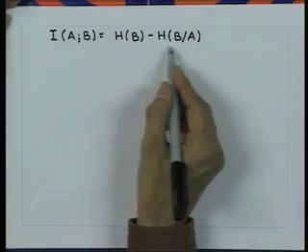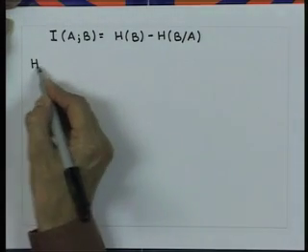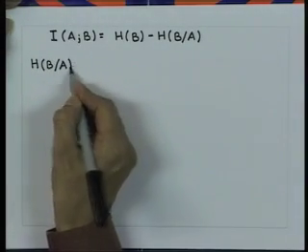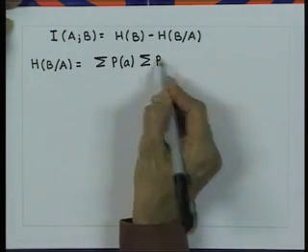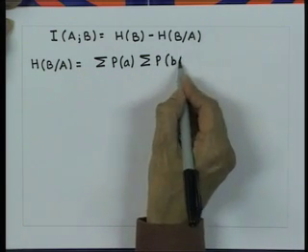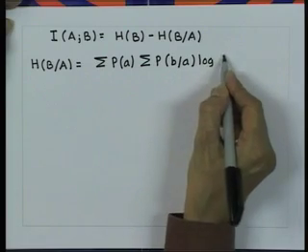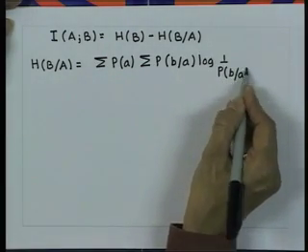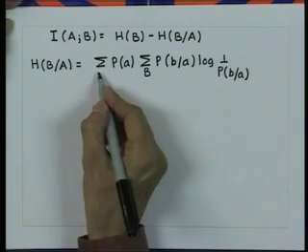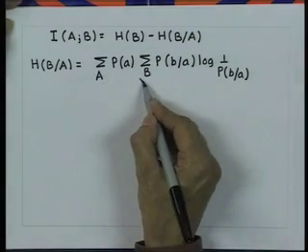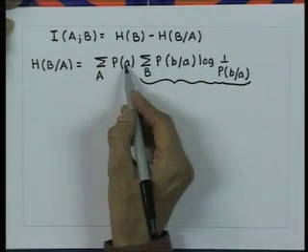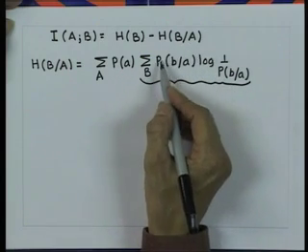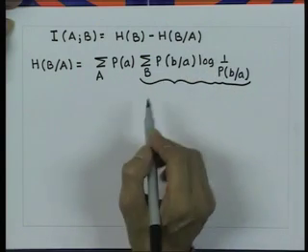So, let us look at the calculation of first H of B given A. H of B given A is equal to the summation over A of probability of A multiplied by the summation over B of probability of B given A times log of 1 by probability of B given A. Now, the summation over B is a summation, for each Ai, of the terms in the ith row of the channel matrix.